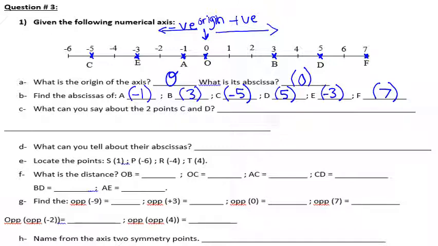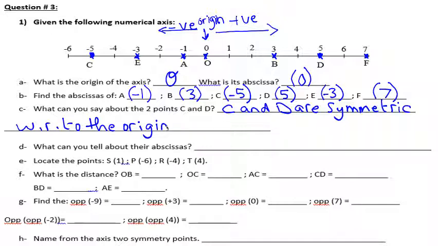Now, what can you say about the 2 points C and D? This is point C and this is point D. They have opposite abscissas. So C and D are symmetric to each other with respect to the origin O. Any two symmetric points, what can you tell about their abscissas?